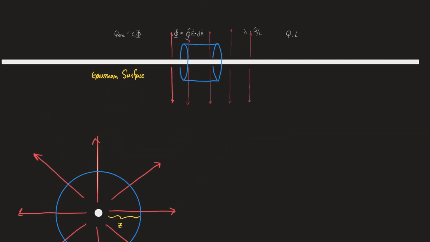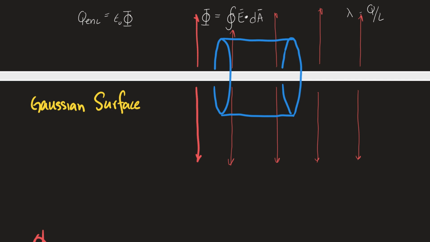So I forgot to write that in from yesterday, but point z was right here. We want to find the electric field here, point z away. But this distance serves as the radius for our cylinder. Did I use a capital R or just z? Either way, it serves as the radius of our cylinder.